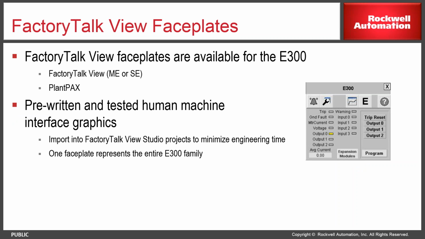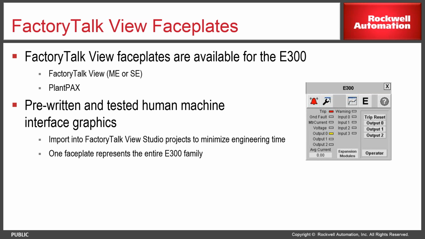The E300 provides a lot of useful diagnostic information to help users proactively prevent or minimize unplanned downtime for critical motor applications. We can have these customized faceplate displays. You can see on the right side there, we can generate the red alarm bell.